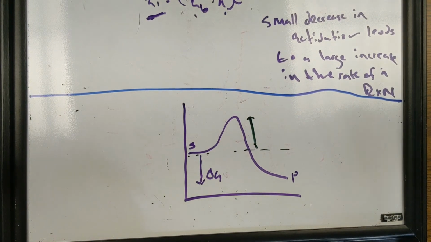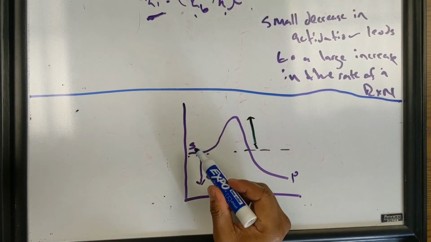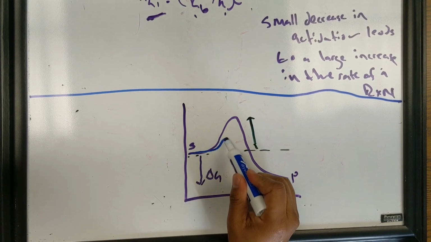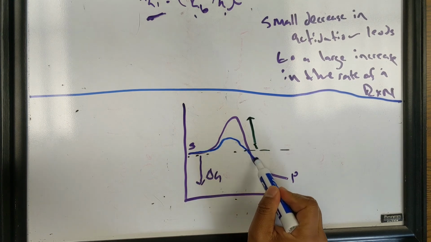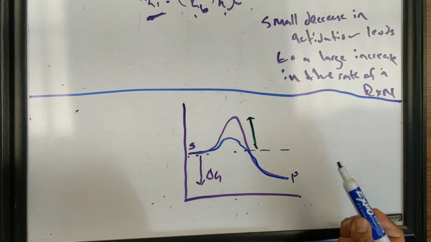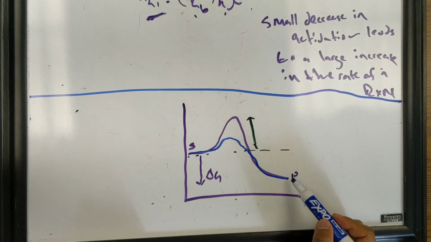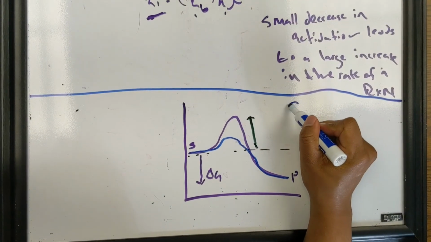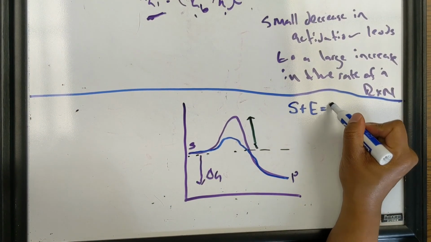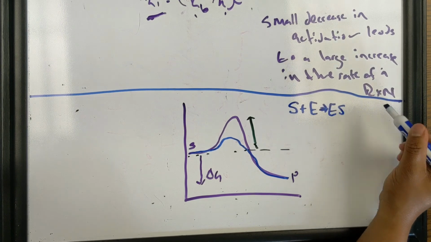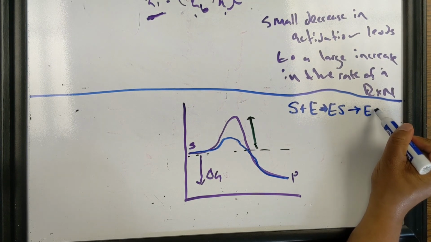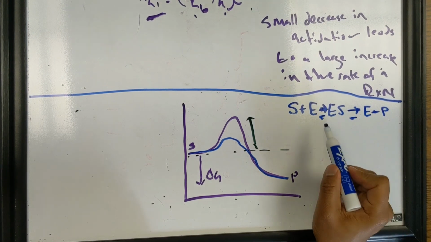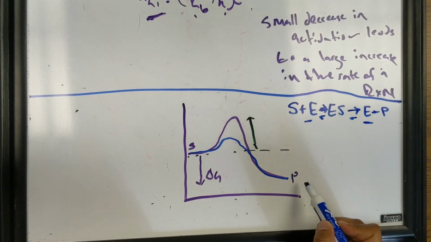And so what an enzyme does is simply use that same reaction, somehow lower the activation energy, but not change the nature of the reaction. S is still S, P is still P. The enzyme's unchanged in that reaction. So this will be S plus enzyme goes to ES, which then goes to E plus P. And so in this case, the enzyme leaves this reaction unchanged.